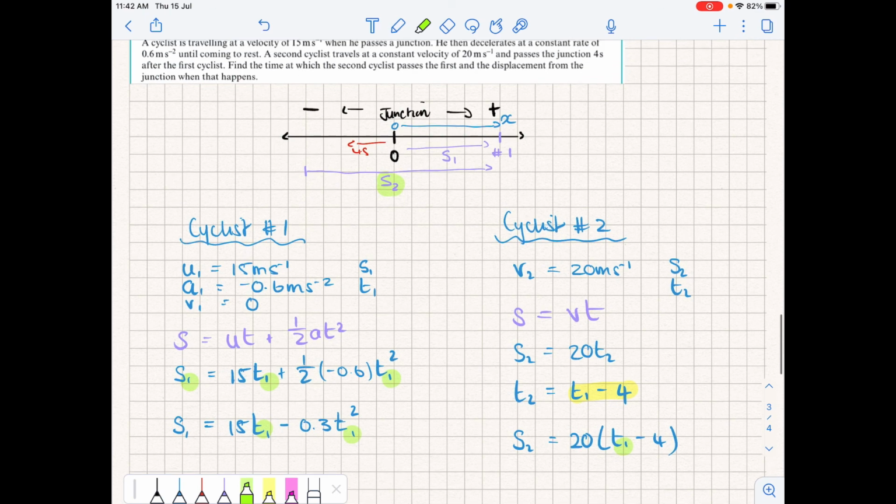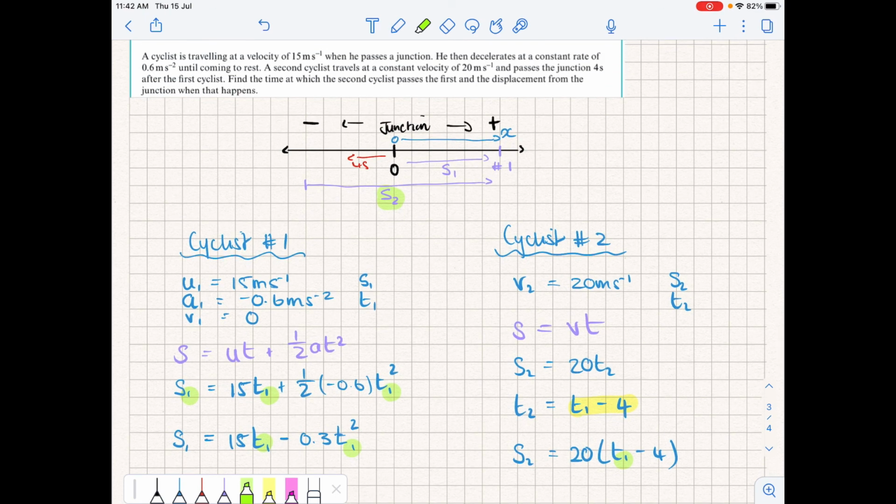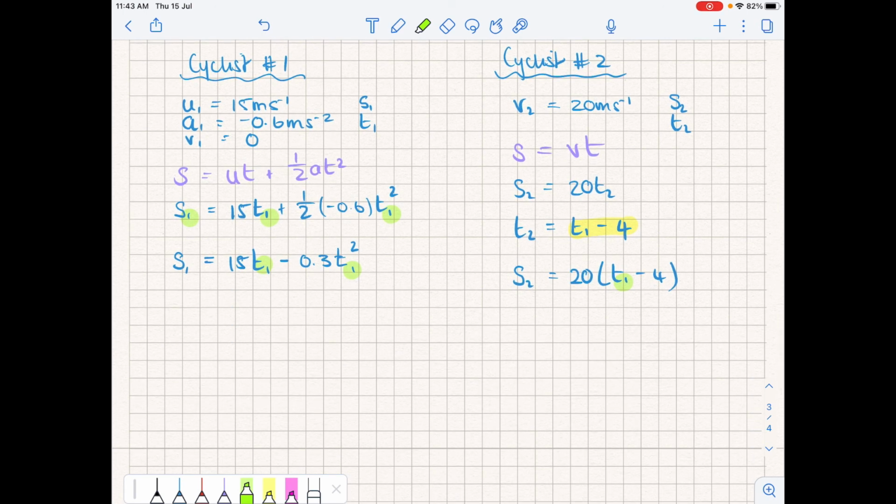Now, the initial question asks us to find where the displacement is and at what time these cyclists pass each other. They will pass each other when their displacements are the same. So in other words, the point where they pass is the point where the displacement of the first cyclist is equal to the displacement of the second cyclist.